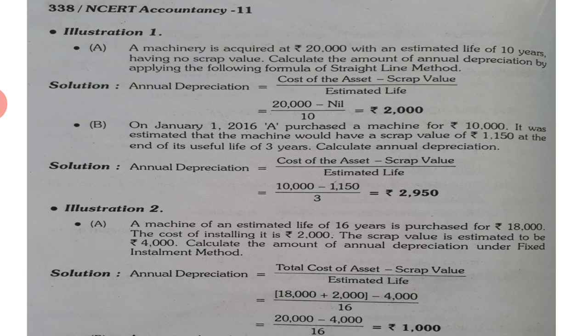Okay, so 18,000 plus 2,000, so that will become 20,000 and its residual value or scrap value is 4,000. That will be subtracted from 20,000. It comes to 16,000. When divided by 16, you will get rupees 1,000 per annum and it is the amount of annual depreciation.